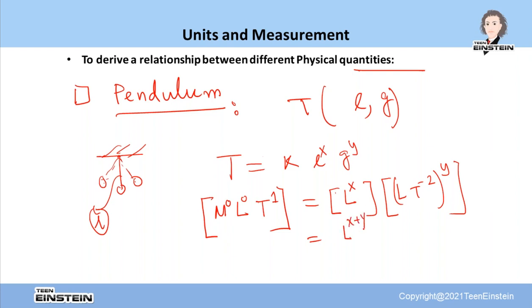This is L to the power x plus y, then T to the power minus 2y. Now I'll compare the left and right sides. L has 0 power, so comparing left and right, x plus y is equal to 0.